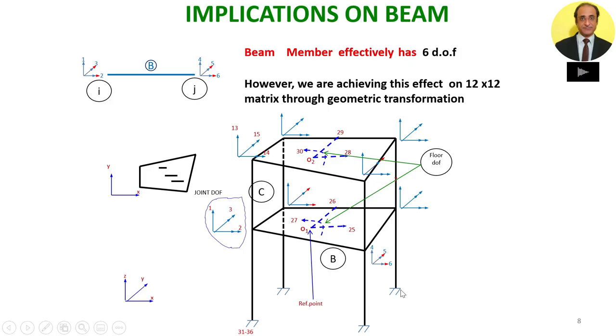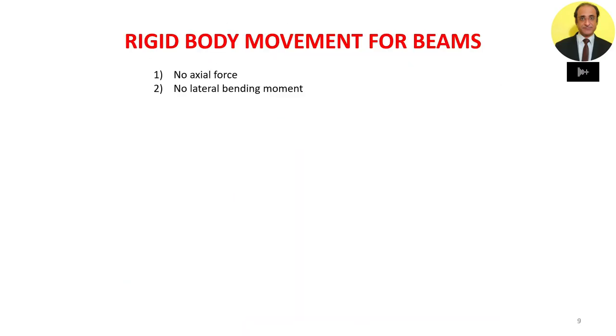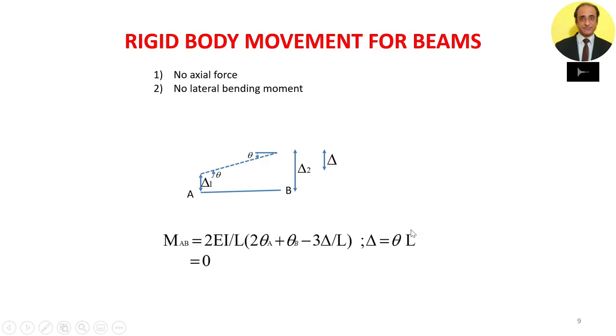So in this situation, the beams have to be designed for torsion also, just like the code recommends, converting the torsion into equivalent bending moment and shear force. The rigid body movement of the beams can be understood in simple terms also: because the two ends of the beam have undergone the same horizontal rotation, the lateral bending moment is 0, because the beam as such remains straight.